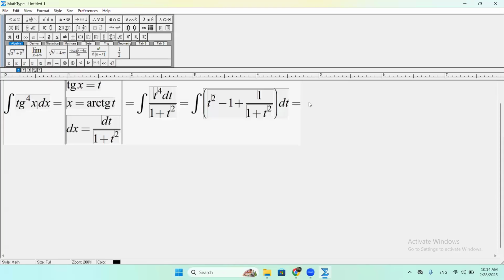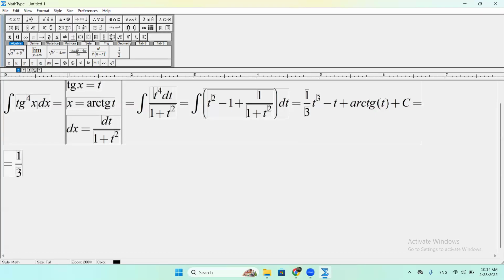So all these integrals are table integrals. So 1 over 3 t cube minus t plus arctangent t plus c. And okay, let's move to old variables. It's quite easy in this exercise.